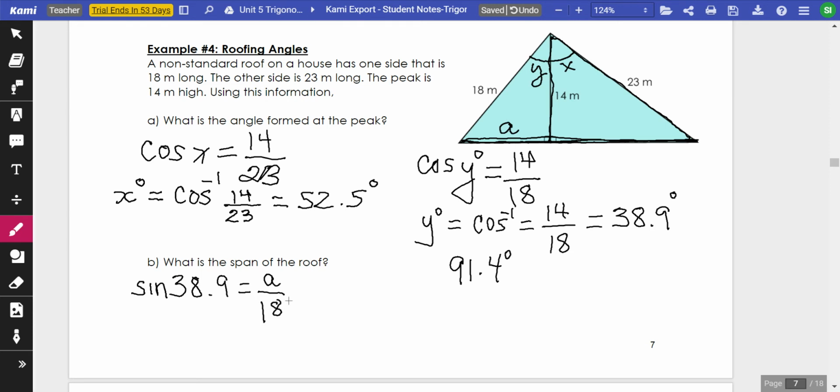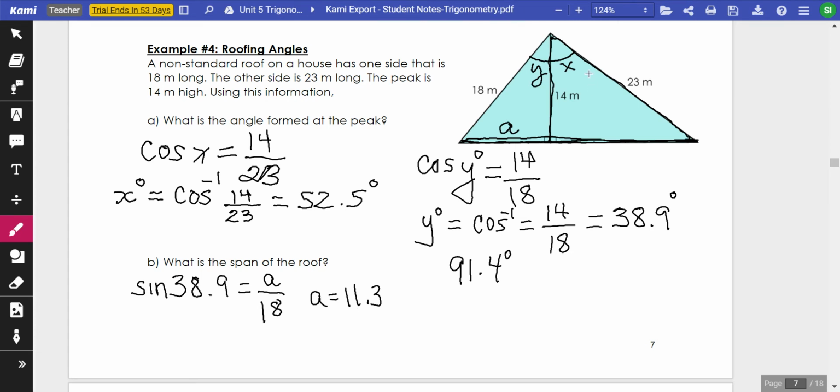And because the variable is in the numerator, or the top of the fraction, this is a multiplication question. So 18 times the sine of 38.9 degrees. You multiply these two together, and you'll get A equals 11.3.